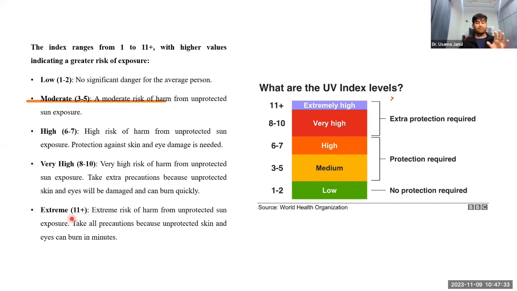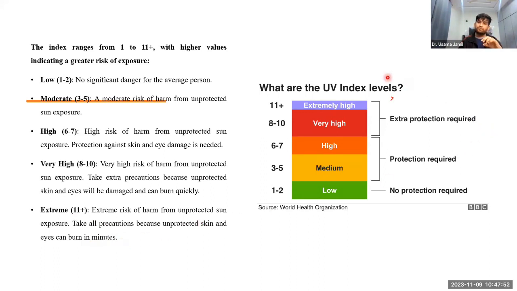It can definitely cause sunburn, can start inflammatory reactions in the skin, and can damage our eyes directly. So take all the precautions, because unprotected skin and eyes can burn in minutes in extreme UV radiation.